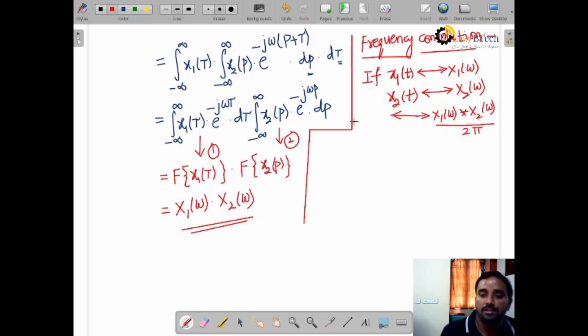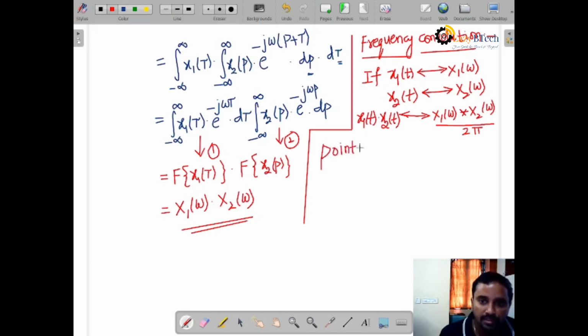So with the left hand side we get multiplication x1 of t into x2 of t. This is what the property is saying. So convolution in frequency domain will become multiplication in time domain. That is the point here.